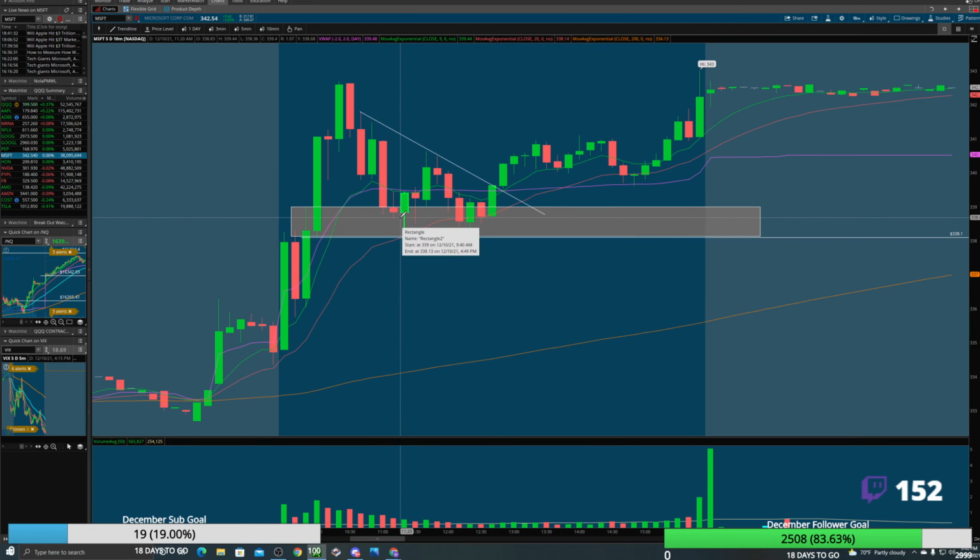A lot of times I'll put orders in the middle of the demand zone just to get a feeler for how this is going to react. And if I get filled, the risk really isn't too bad. From 338.6 all the way down to 338.15, about 45 cents or so. Really not too bad risk, especially on an options contract.